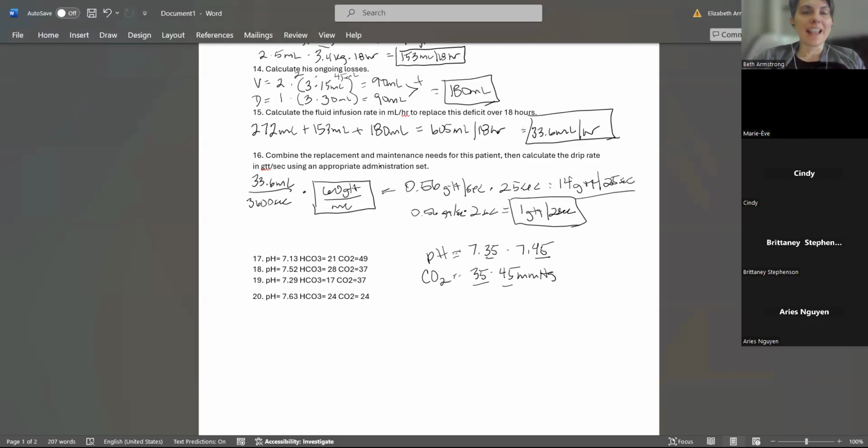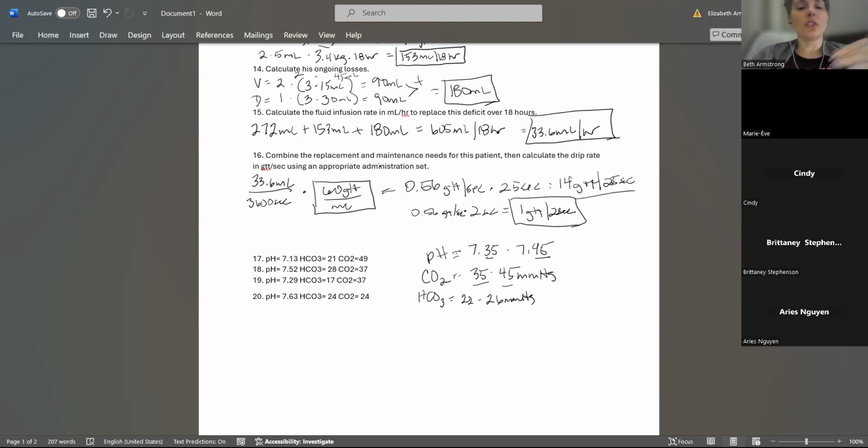Except for our HCO3, which is known as our bicarb. What's the normal range of bicarb? It's not 35 to 45, unfortunately. It's 22 to 26. Good. That's the only one we really have to memorize.